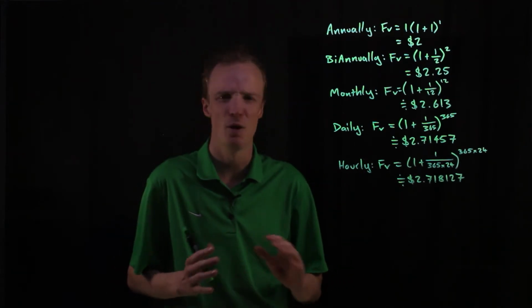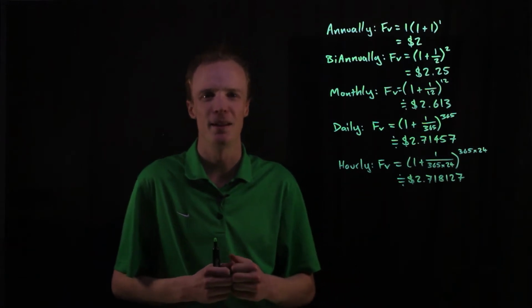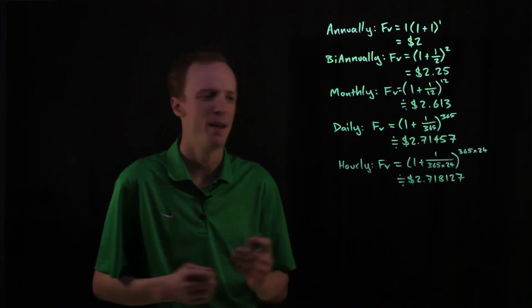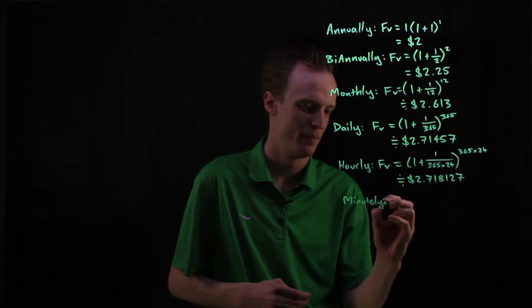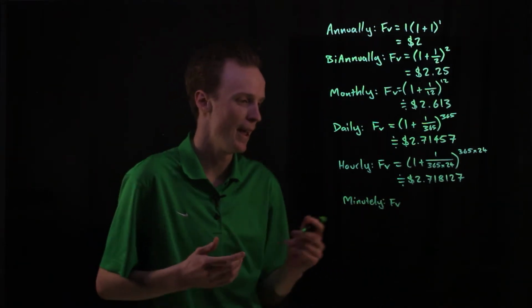But I'm not beat yet. Let's not compound this hourly. Let's take it a step further. Let's compound it minutely. Now, I'll be honest at this point, I don't even know if minutely is a word, but hey.